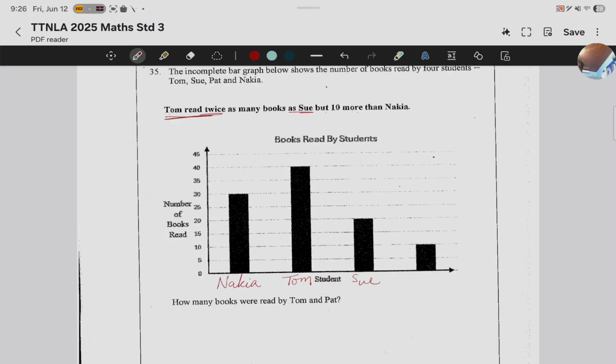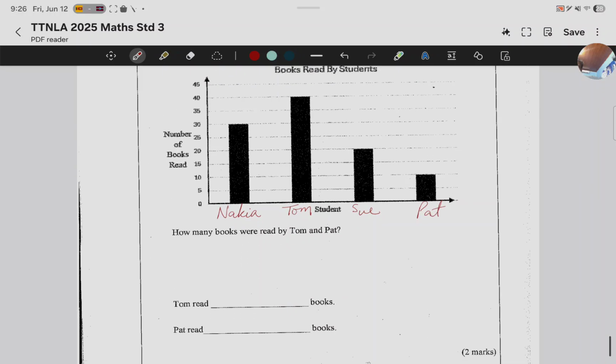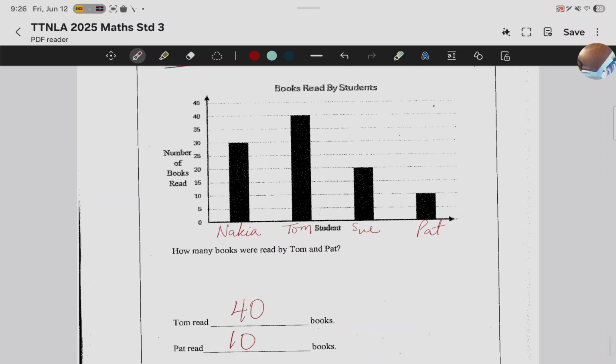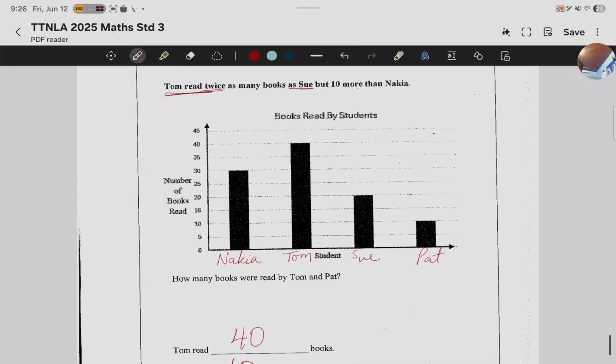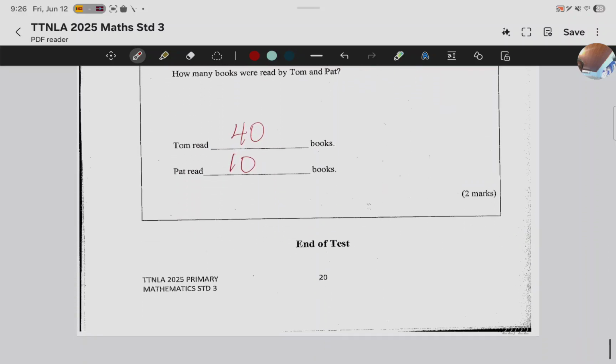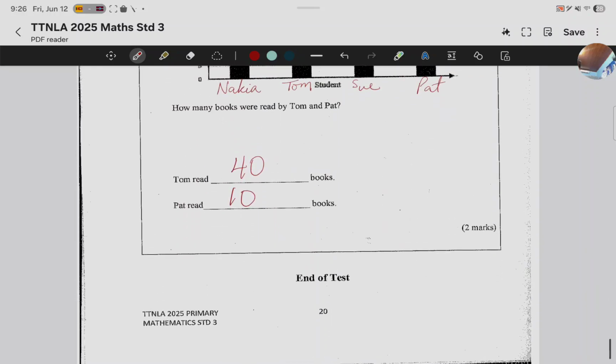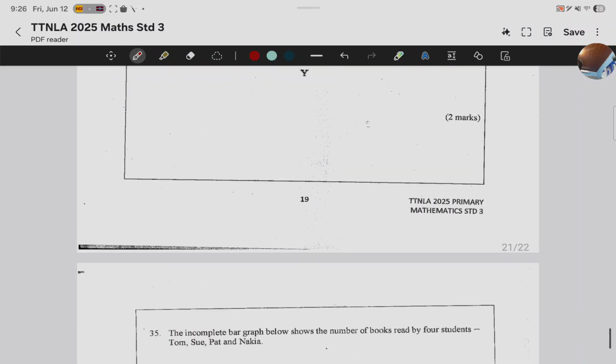And this will be the last person here, Pat. They said Tom read 40 books, and Pat read 10 books. Good. So that's it there. Alright, and that's the end of the 2025 National Test for Standard 3.